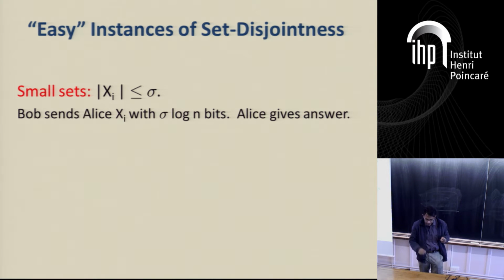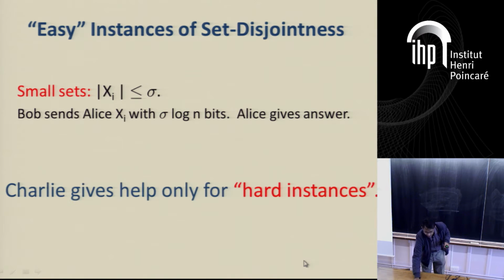And specifying this index only takes log k, and you would learn sigma log n bits. So as I said, Charlie gives help only for the hard instances.